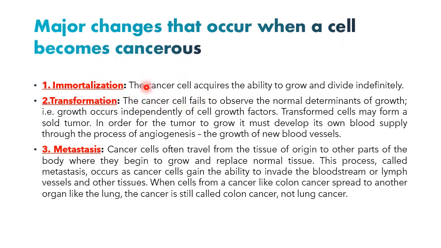The transformation, where they will look for a source of blood supply, and through the process of angiogenesis they will have a growth of new blood vessels. Then the metastasis, where they travel to another tissue. These are the major changes that you will see in the cancerous cell.